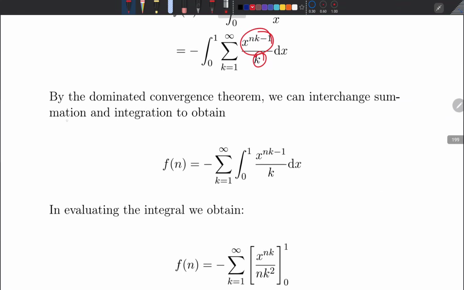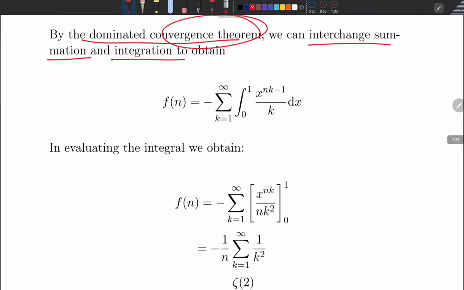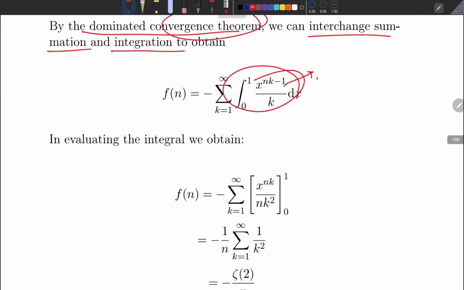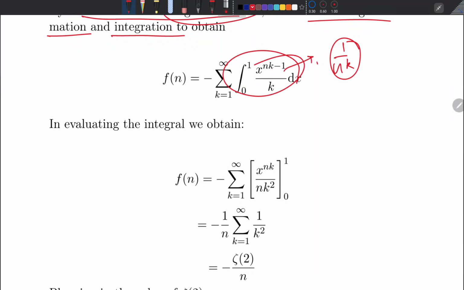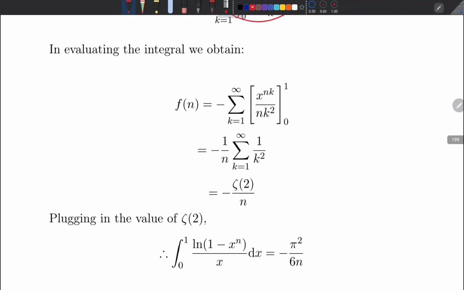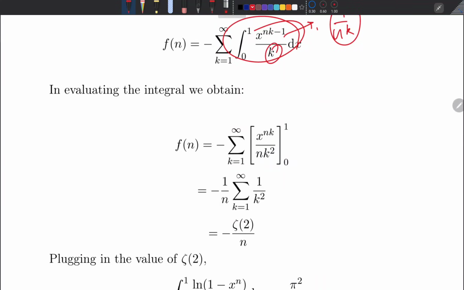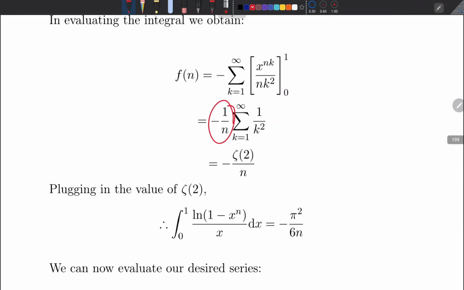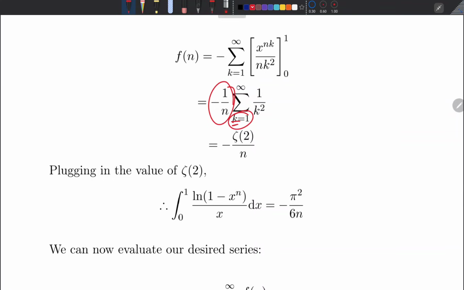And from here, just interchanging and switching up the order, by the dominated convergence theorem, we interchange the summation and integration to obtain this integral. This is easily integrable because it's going to give you 1 over nk, and with the k, it's going to be nk squared. Here n is constant because our sum is indexed by k.